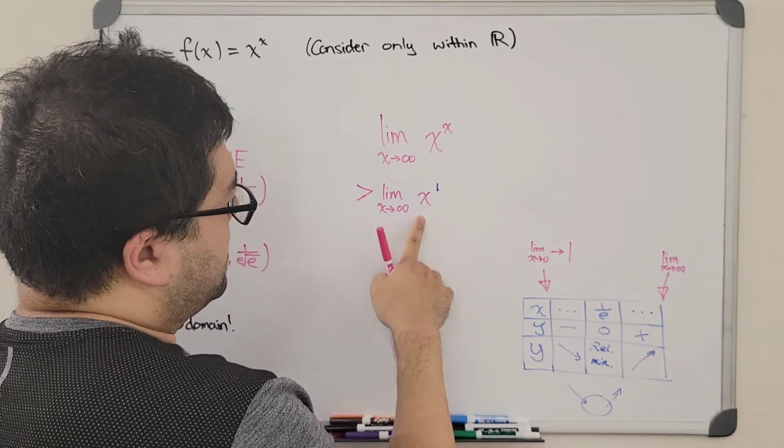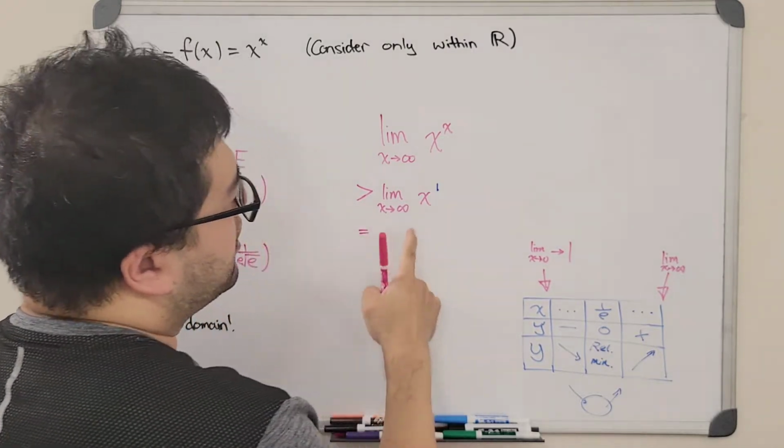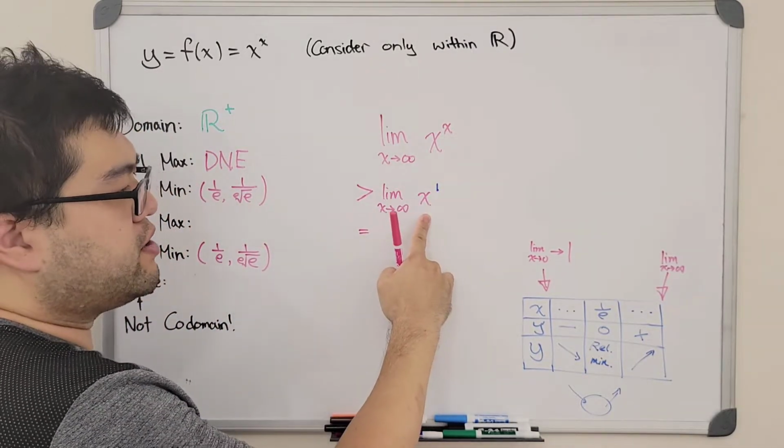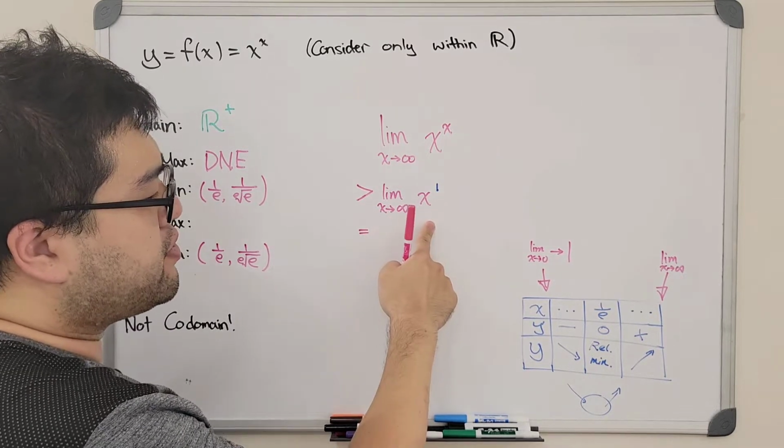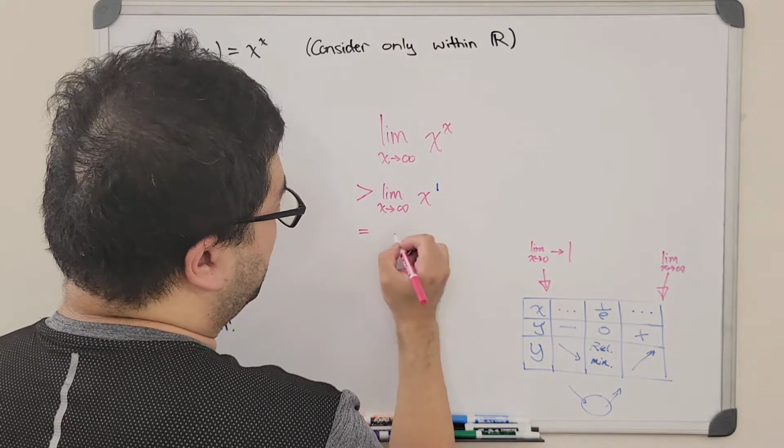And now we're going to see what happened. Even when we're considering the linear function x, when x approaches infinity, we end up with positive infinity.